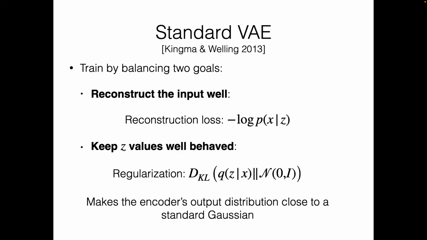Okay, so we want to learn this encoder and this decoder, and we want to make the encoder's outputs kind of close to a standard Gaussian. But they should have some information, and the decoder should then be able to use it to reconstruct an input.